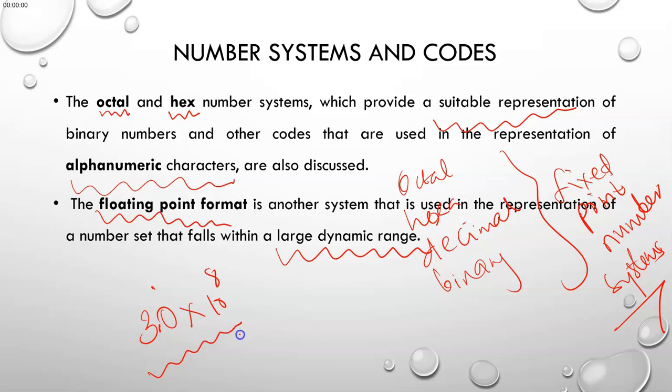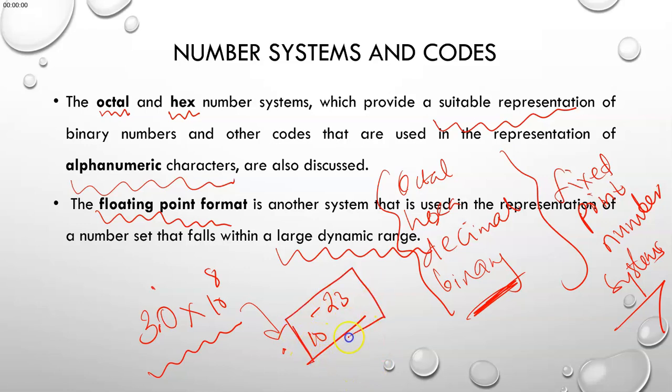If you were to represent this number in either of the fixed point methods, it would be quite difficult, particularly when we have other numbers that have a very small value, say 10 to the power minus 23. I believe there is a certain constant that is that small, and therefore for scientific applications we might need to apply the floating point number format, contrary to the common day-to-day usage of number systems.